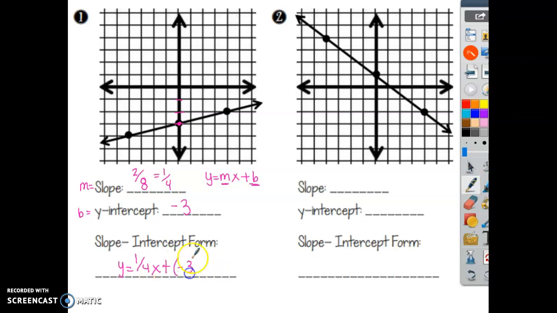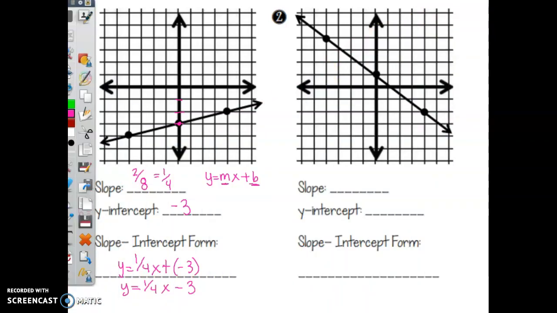The preferred way to write this is actually y is equal to 1/4 x minus 3, because when you have a plus and a minus next to each other, they combine to give you a negative.